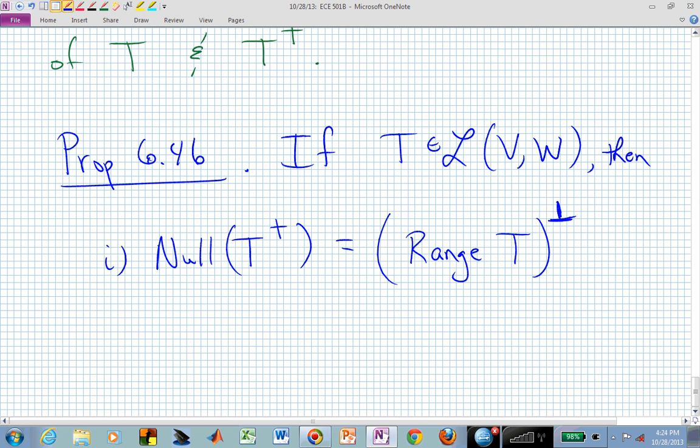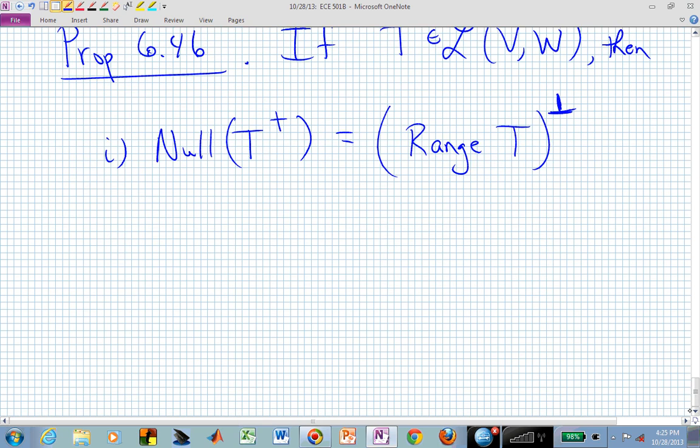Then you look at the orthogonal complement to that, which if you know V is n-dimensional and maybe its range is M, then you know how big that orthogonal complement is. Well, now vectors in that orthogonal complement are equivalent to the vectors in the null space of the adjoint of T. And we just have a lot of different relationships like that.